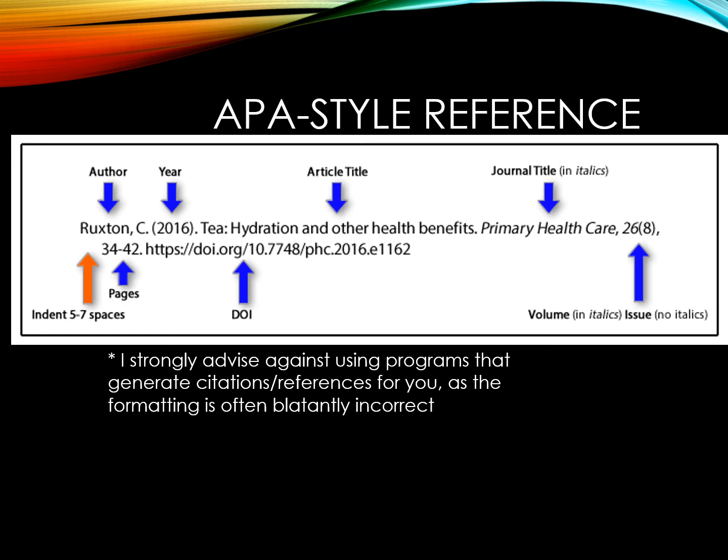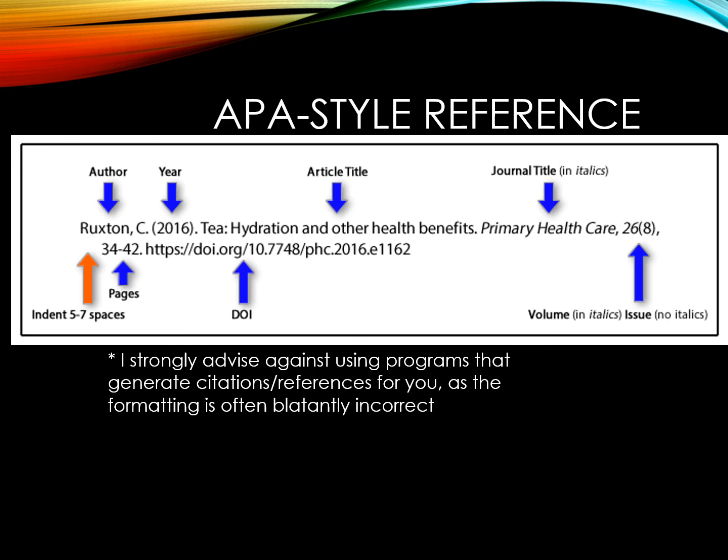With an APA style reference, the first letter of the title is capitalized, and if you have a colon inserted into the title, the word following the colon is going to be capitalized, right? So we have capital T followed by colon, capital hydration, and then "and other health benefits" is in lowercase followed by a period.